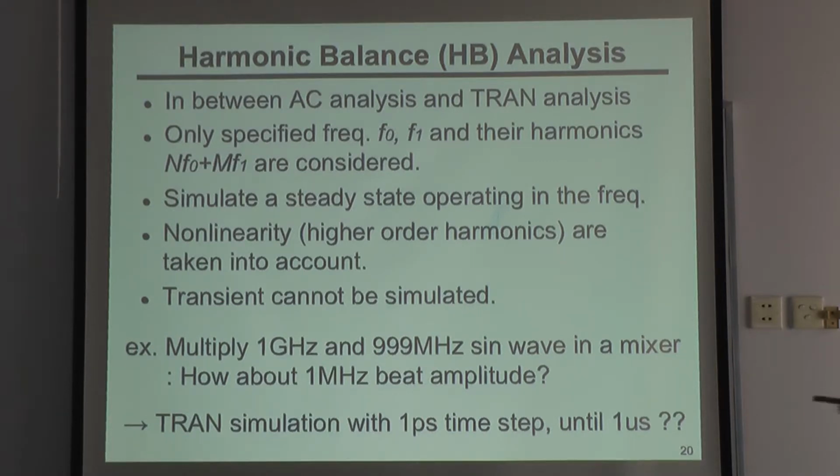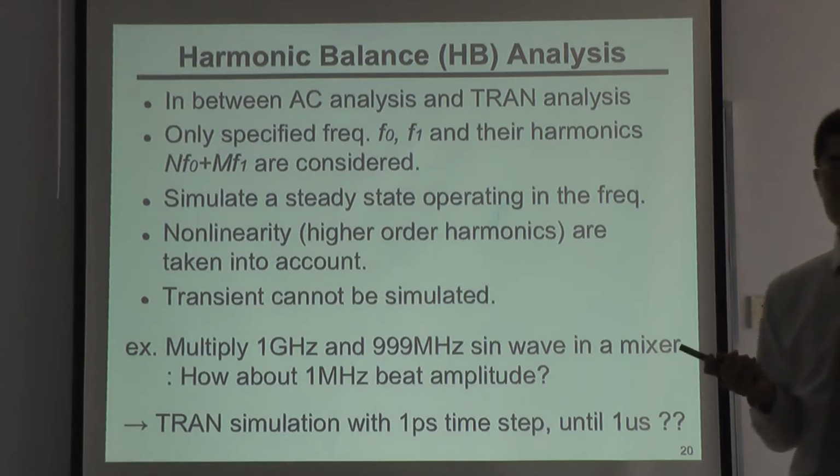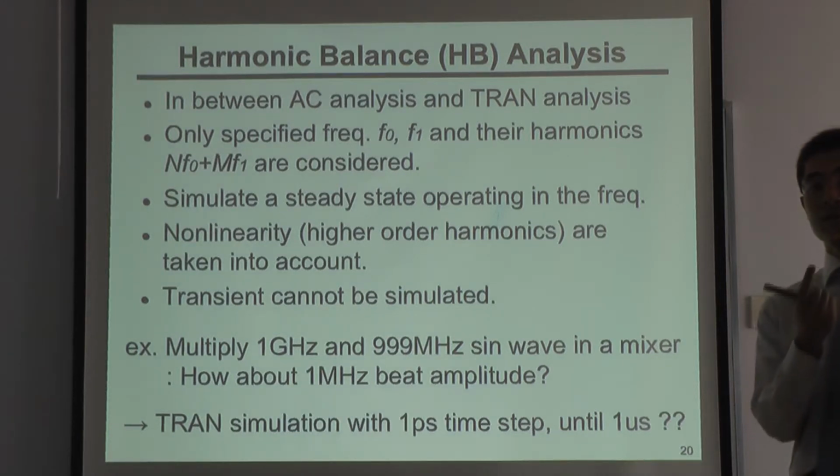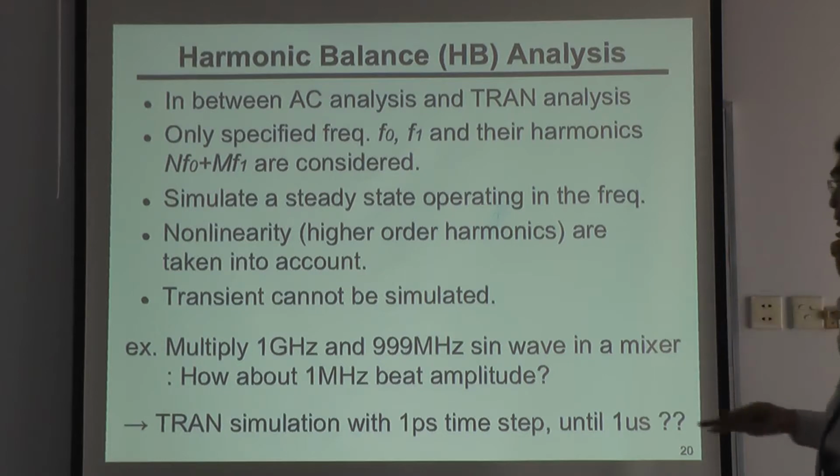So, for example, if we design a mixer circuit and multiply 1 GHz signals and 1999 MHz signals, the output becomes 1 MHz. So once we have a mixer mixing the 1 GHz and 1999 MHz, we will have a 1 MHz beat.